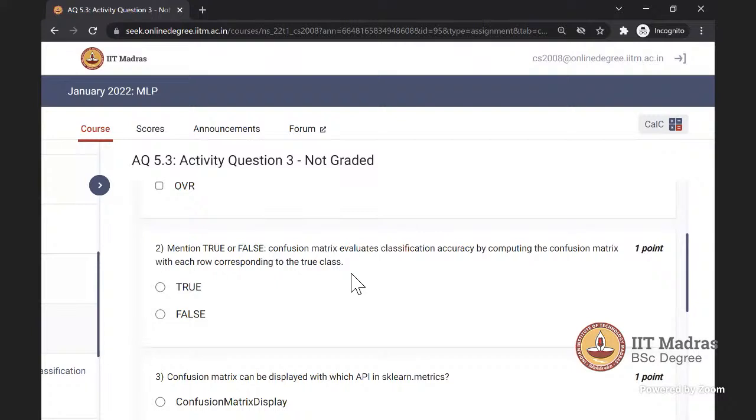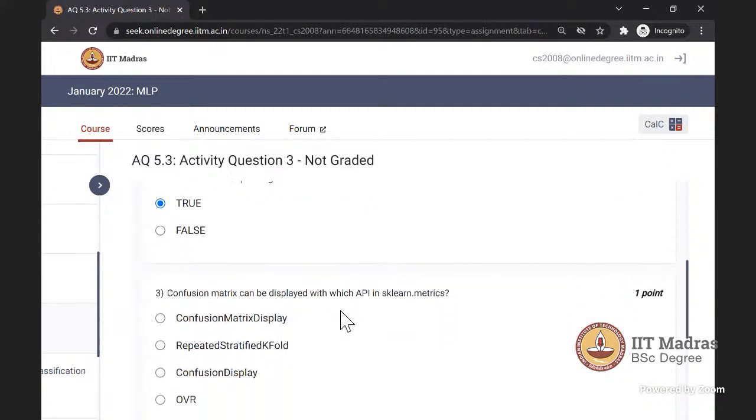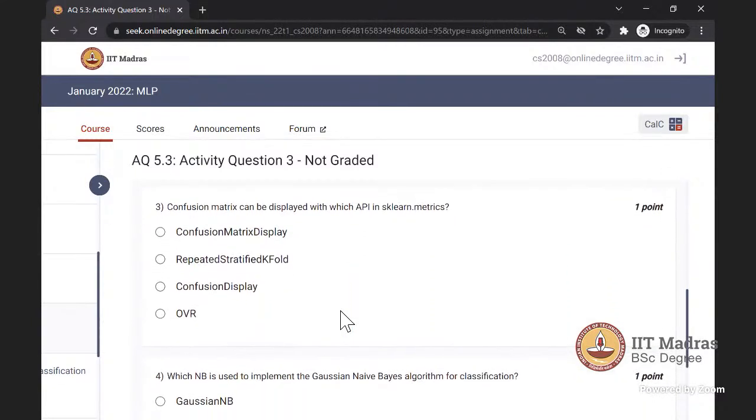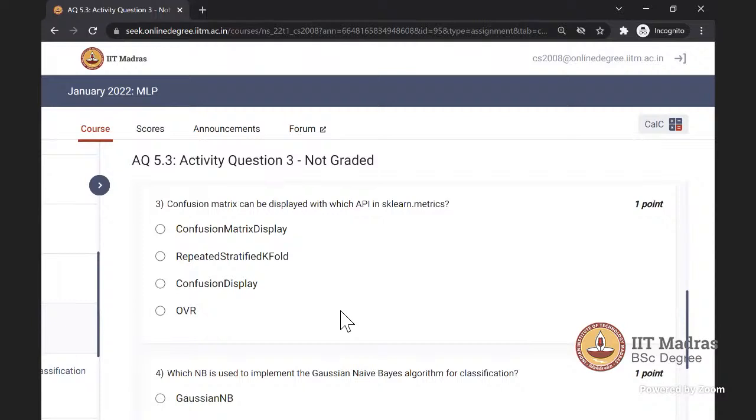This is true, I think. Yeah, it's true because they are comparing one by one, then counting the true positives, true negatives, and all. Right. Question number 3, confusion matrix can be displayed with which of the following sklearn APIs? Yeah, confusion matrix display, the first one. Right. We just saw an example of that.